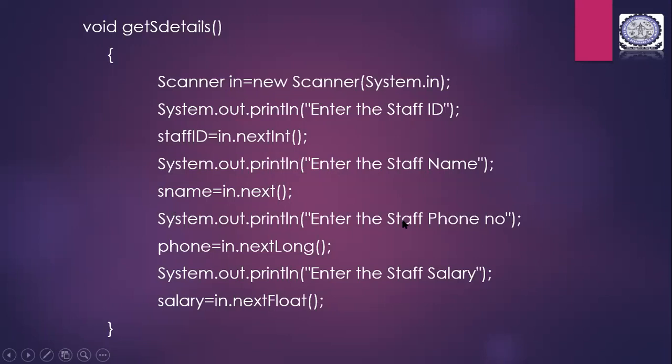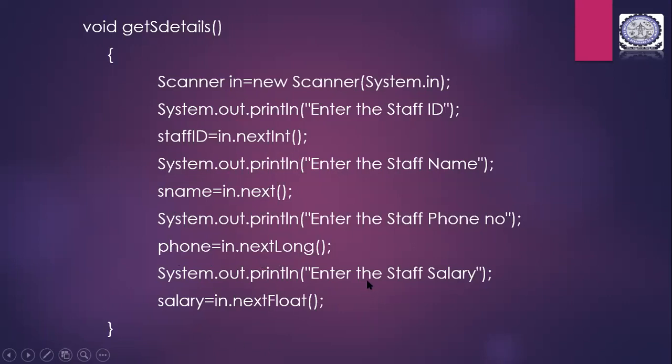Then we ask for the staff phone number. Since phone number is of the type long, hence we are using nextLong. Phone is the variable that we have given. So this is the variable name. For the variable name phone, we are asking it to take the input from nextLong.